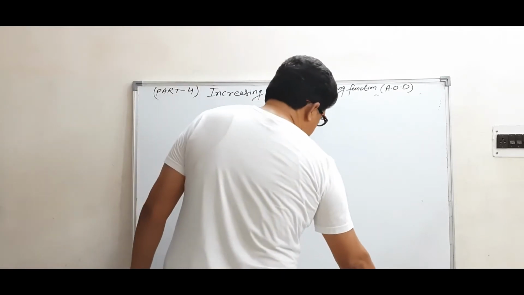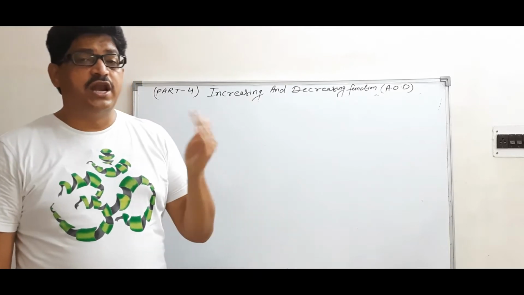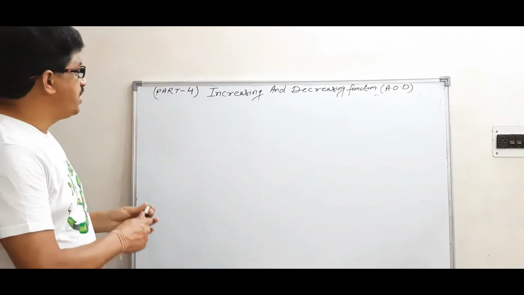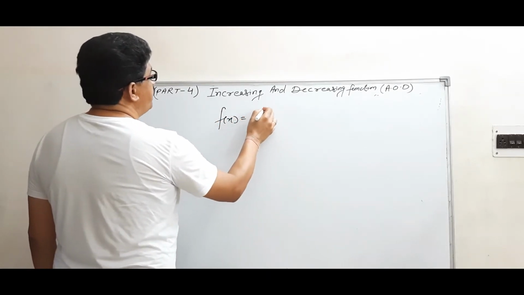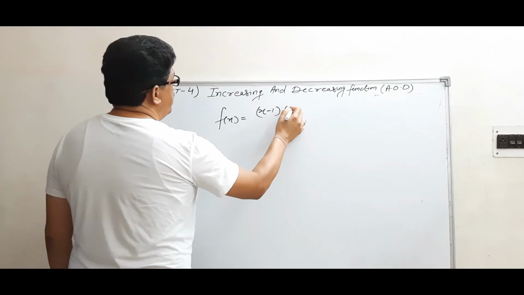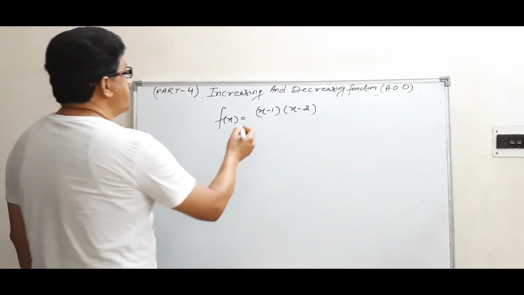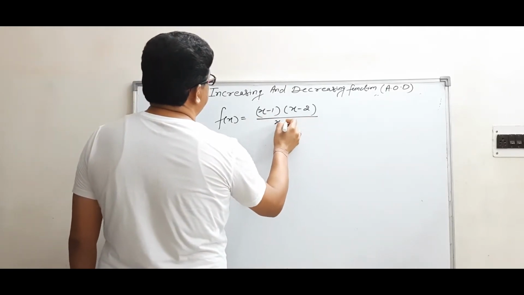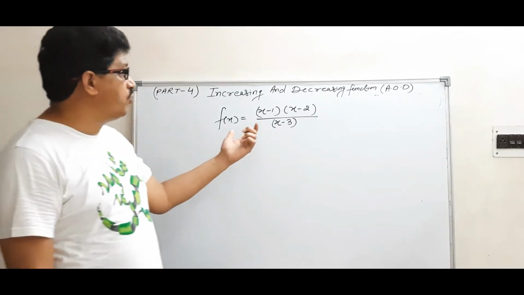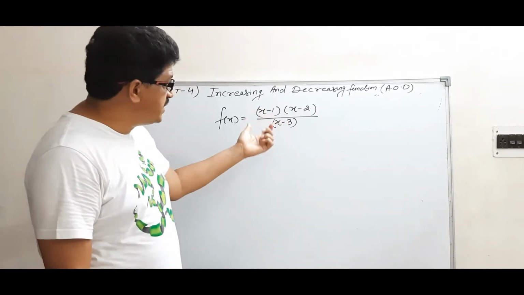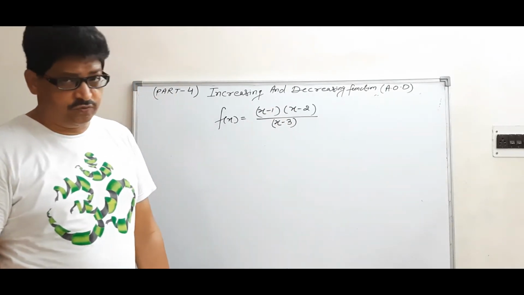If we have f(x) in the form of (x minus 1) upon (x minus 2) upon (x minus 3), like this, any function is given, and we want to know in which interval this function is greater than 0, and in which interval this function is less than 0.